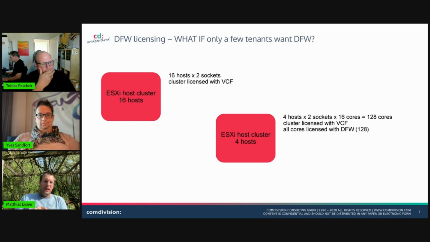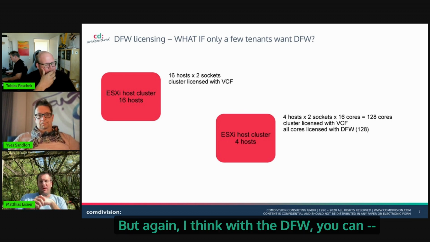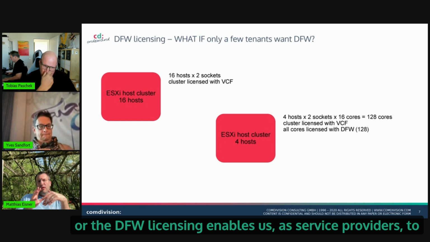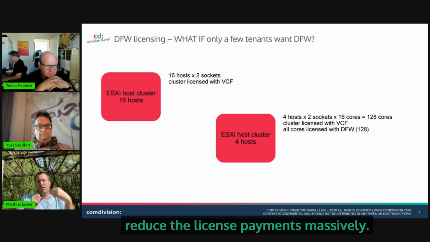But again, I think the DFW licensing enables us as service providers to reduce the license payments massively.